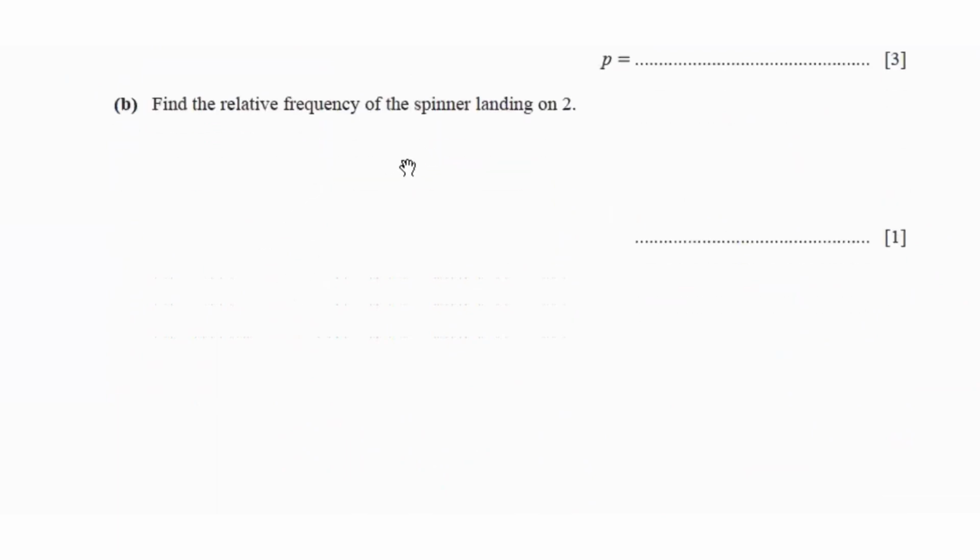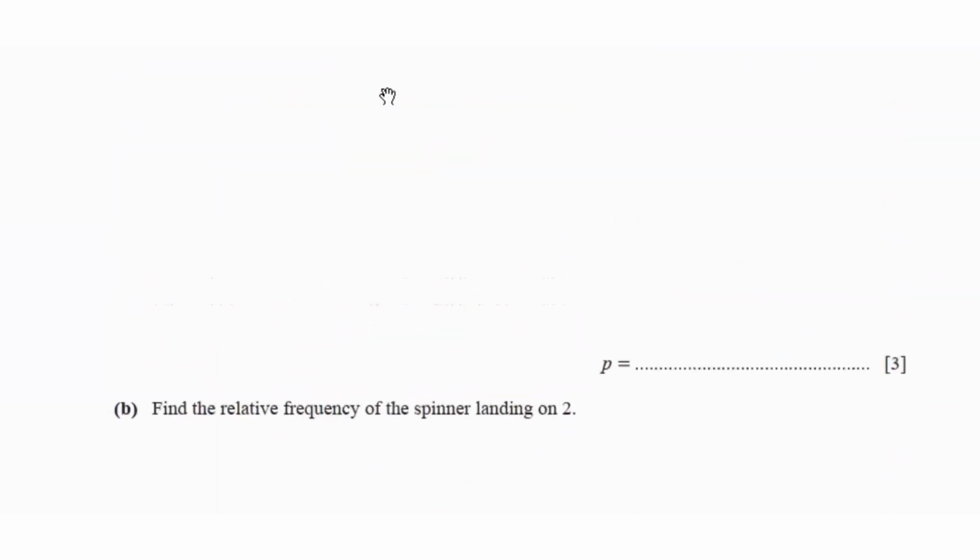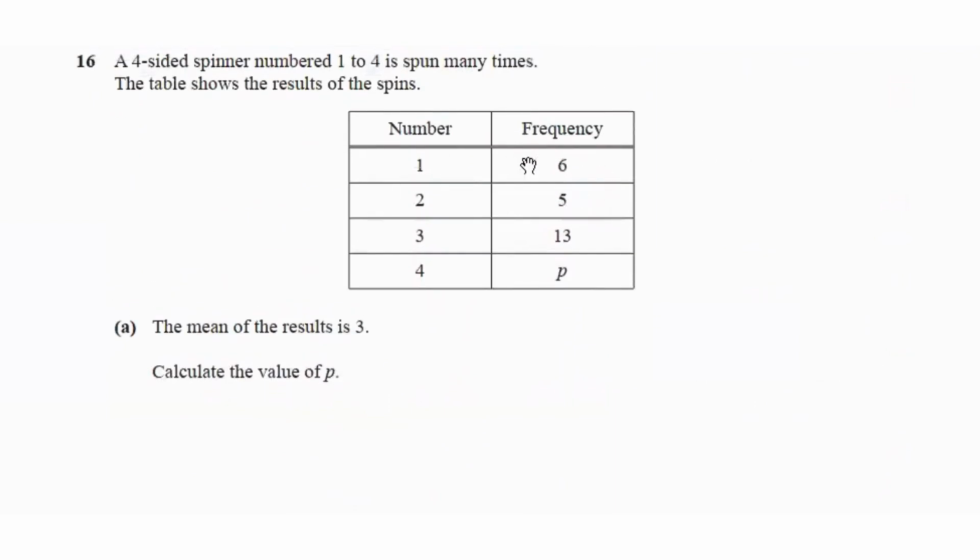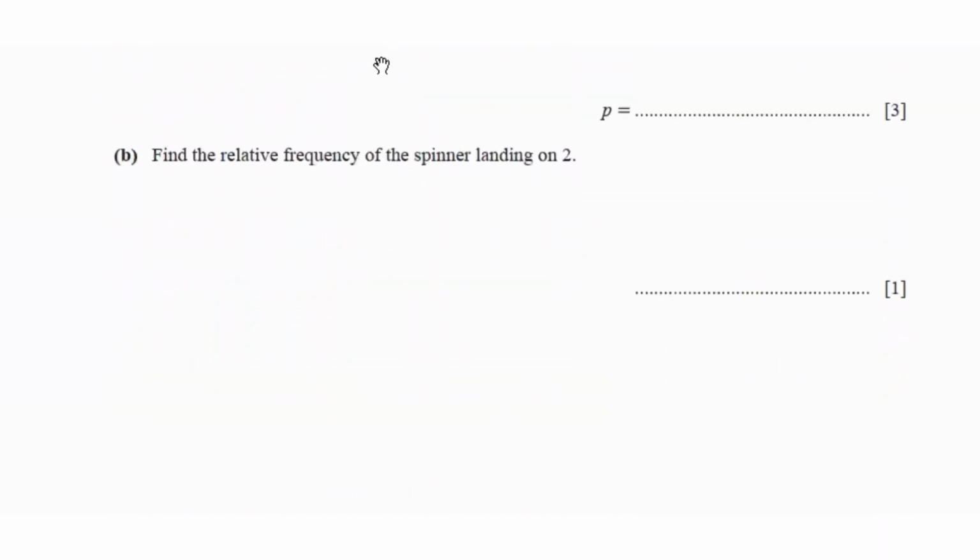Find the relative frequency of the spinner landing on 2. The spinner landing on 2 has a frequency of 5. So for the relative frequency, we will divide the frequency of the spinner landing on 2, which is given as 5, by the total frequency, which is 6 plus 5 plus 13 plus 17. 17 is your value of p.